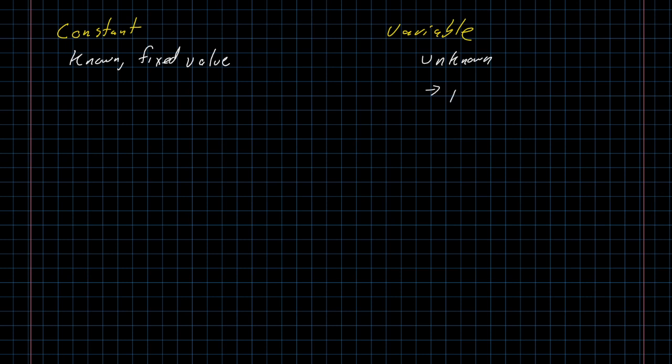Sometimes it's used as a placeholder. For example, if you want to calculate the circumference of a circle, you take pi and you multiply by r squared, where r is the radius of the circle.